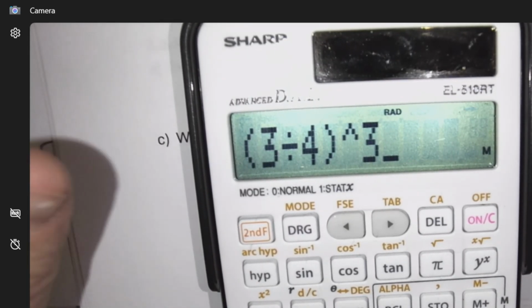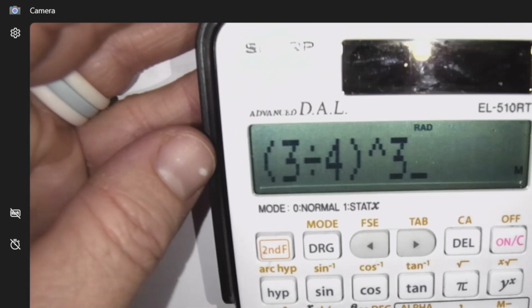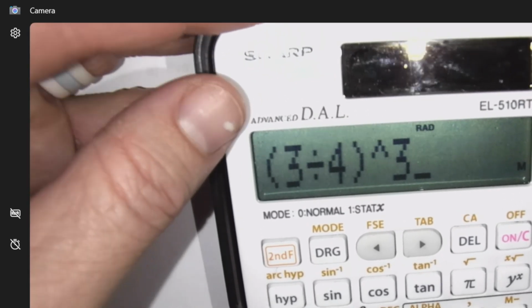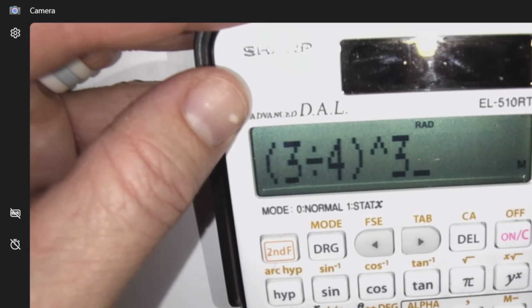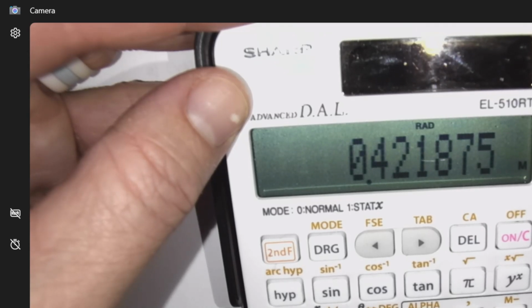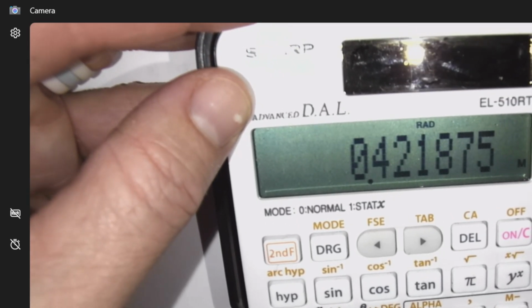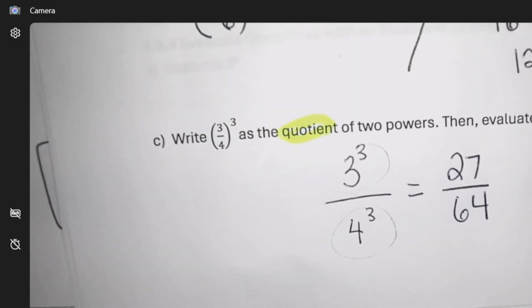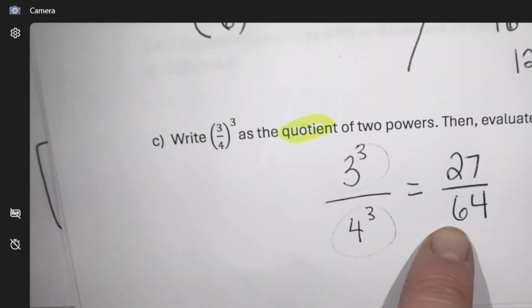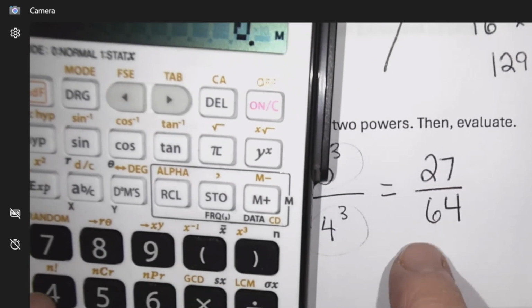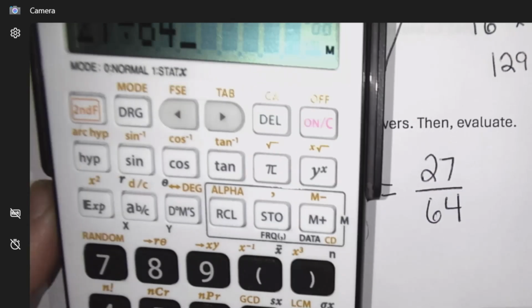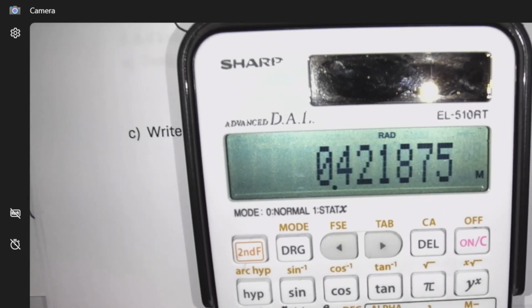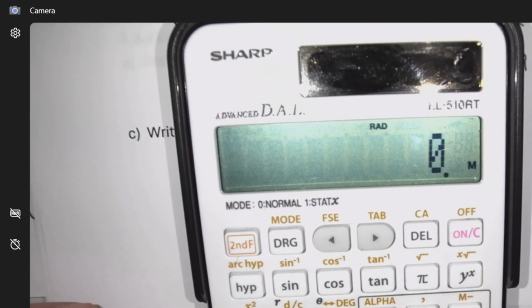So 3/4 is 0.42... Can you go back and divide these numbers? What is 27 divided by 64? Same thing.